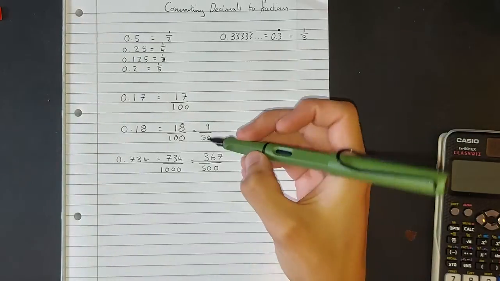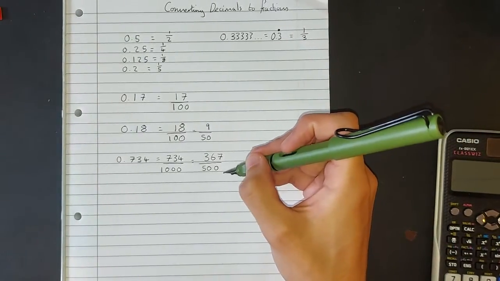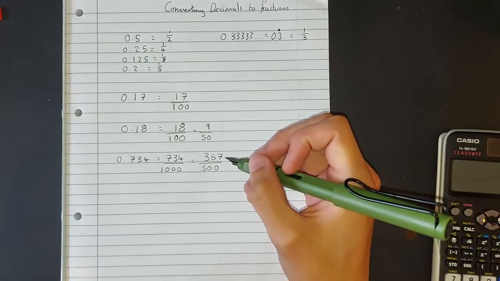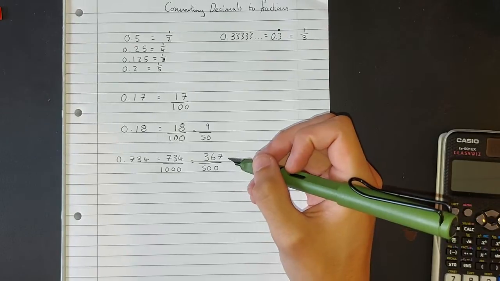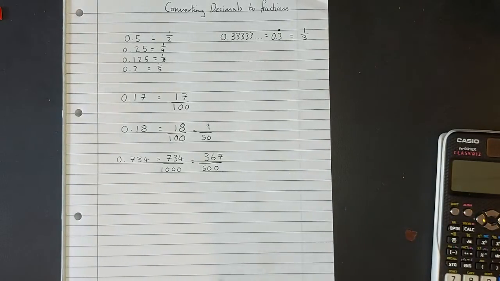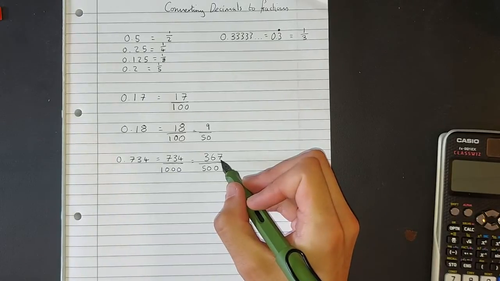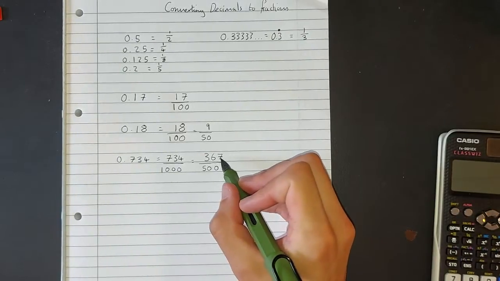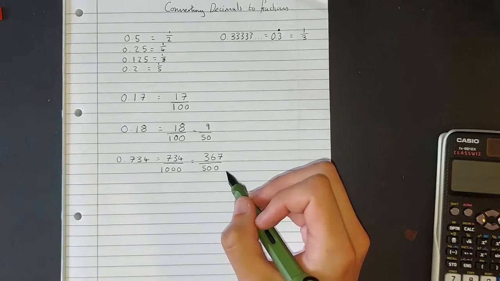They are not both even, so that means we cannot divide by 2. If we look at our divisibility rules for dividing by 3, if you remember, the digits have to add up to something in the 3 times table. Now 3 plus 6 is 9, plus 7 is 16. 16 is not in the 3 times table, so it's not divisible by 3.